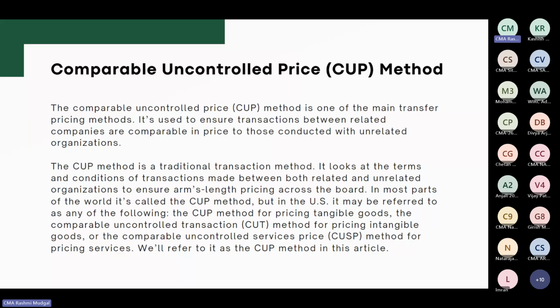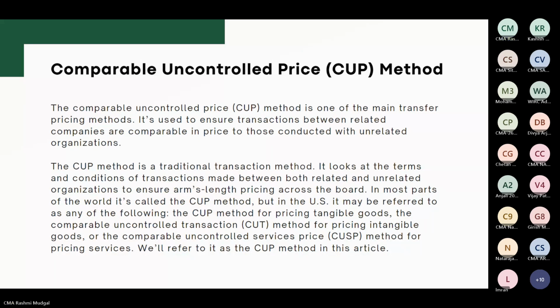In most parts of the world, it is called the CUP method, but in the US, it may be referred to as any of the following: the CUP method for pricing tangibles, the comparable uncontrolled transaction method, CUT method for pricing intangible goods, or the comparable uncontrolled service price, CUSP, method for pricing services.